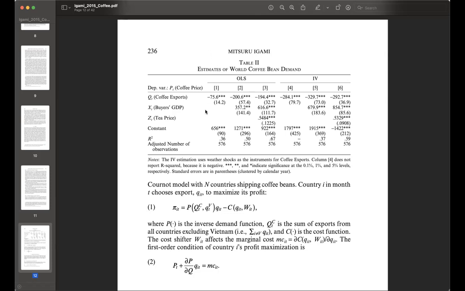It's how the price is affected by the quantity. It's the slope of the inverse demand for coffee. It's the same as when we draw a graph, with price as the y-axis and quantity as the x-axis. This is the slope, and the slope is negative.